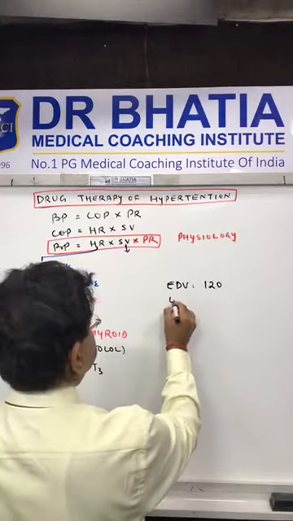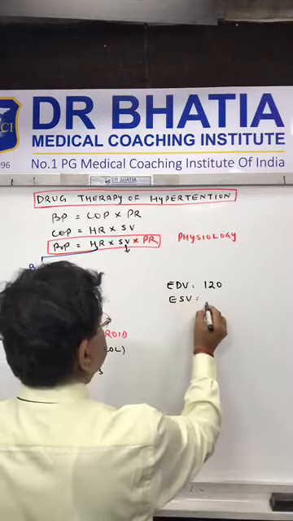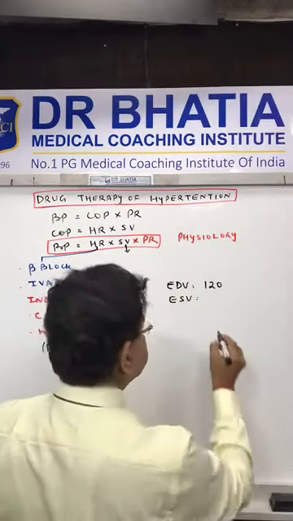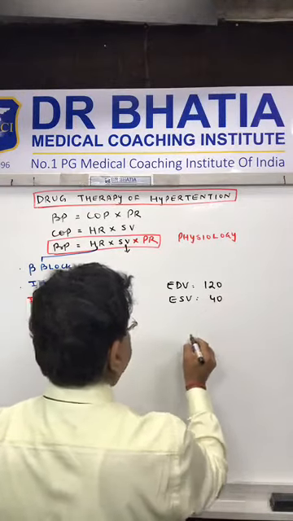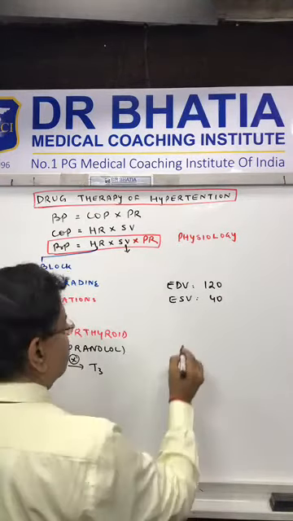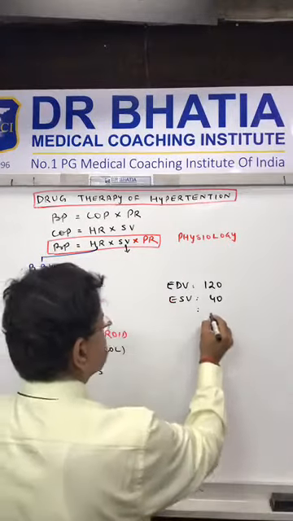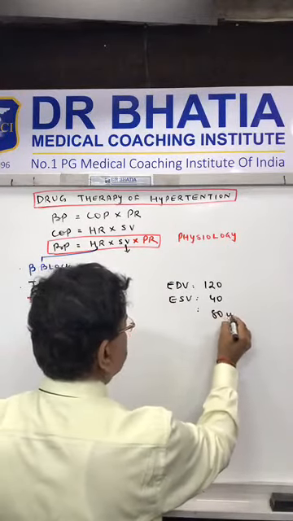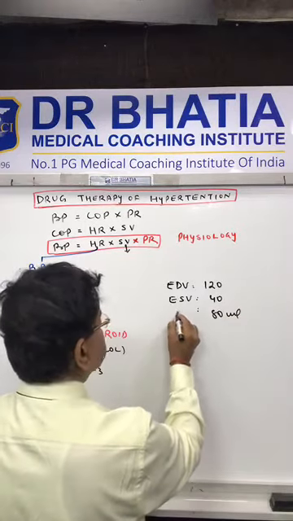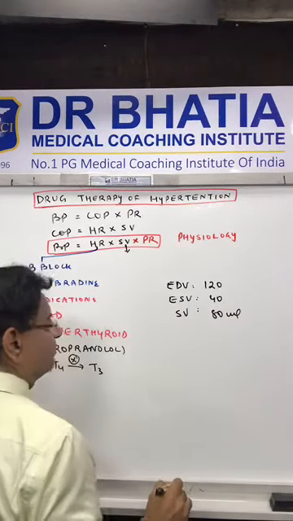And the end systolic volume is 30 to 40, but for easy calculation, I am taking 40 ml. So it means in each stroke, around 80 ml of blood goes out. And this is known as stroke volume.